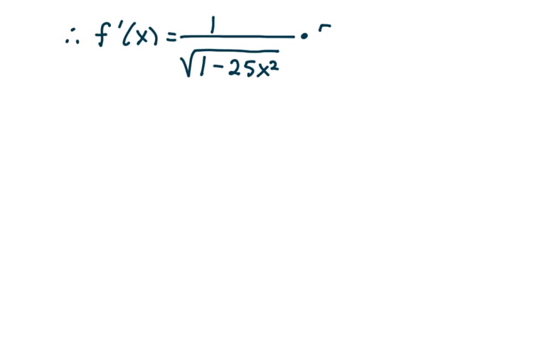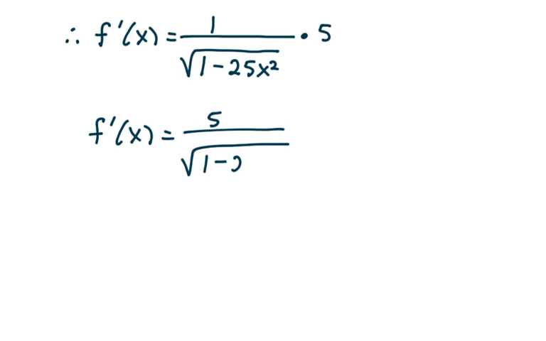So I'm going to put a 5 here. And so therefore, f prime of x is 5 divided by the square root of 1 minus 25x squared.